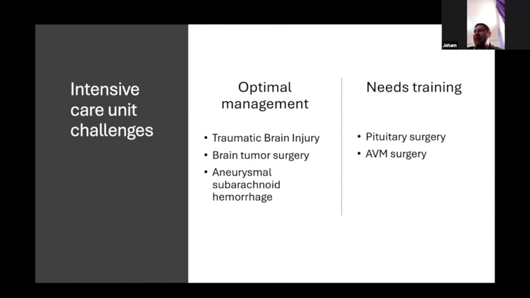Another problem we faced was in arteriovenous malformation surgery, especially in the large cases. They couldn't understand well the importance of managing reduced blood pressure postoperatively.